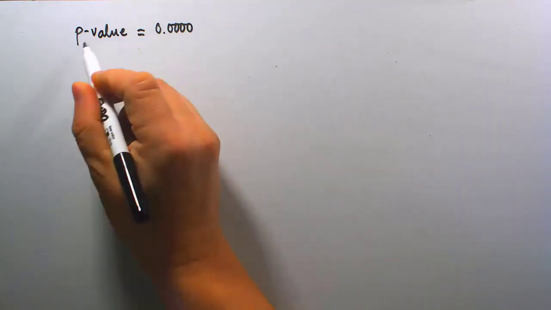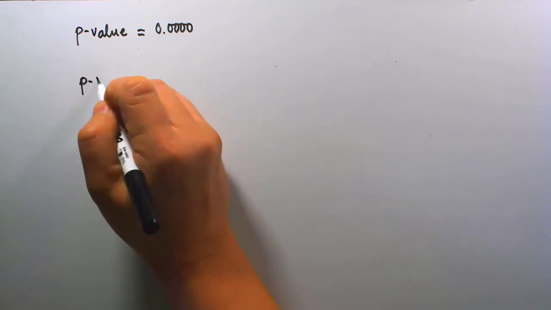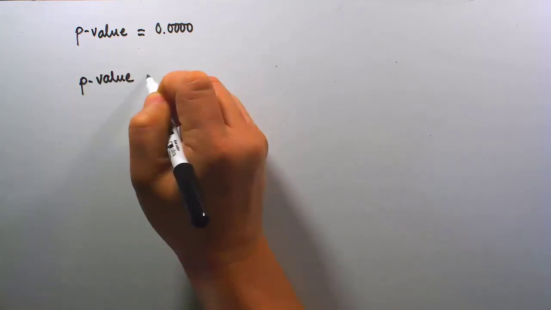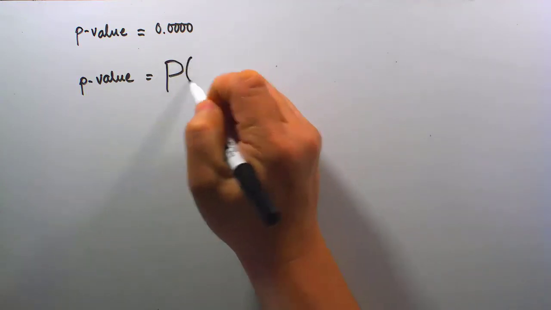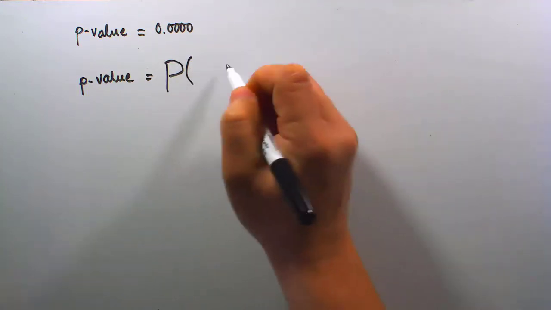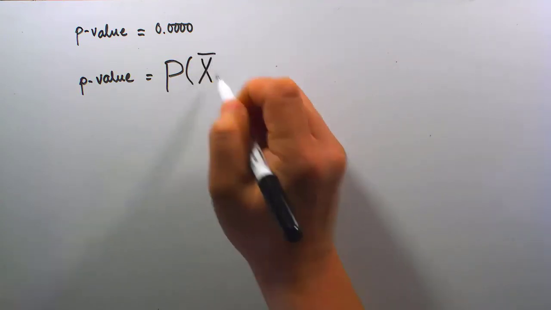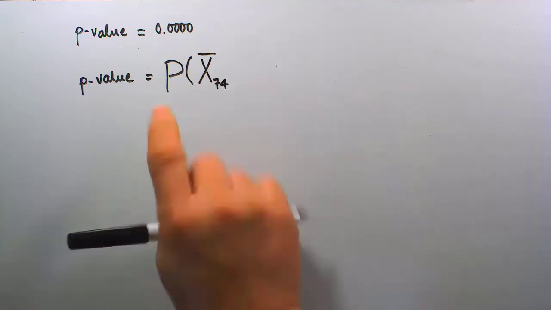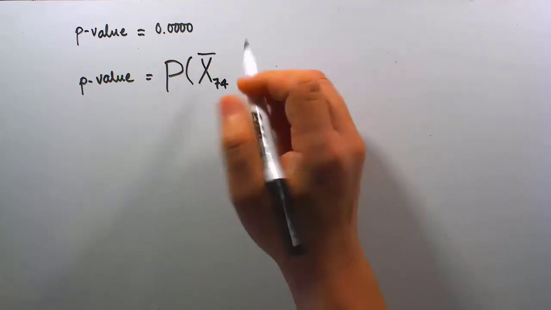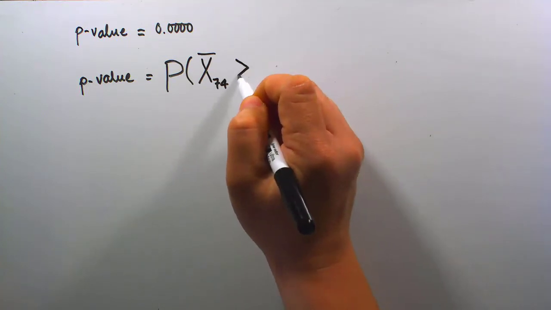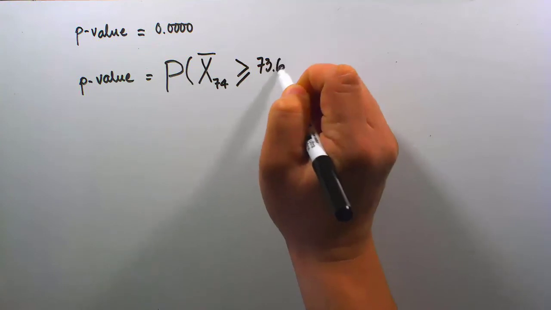And this p-value itself, as a calculation setup, was the probability that among all sample means at size 74, a sample mean would be greater than or equal to 73.65.